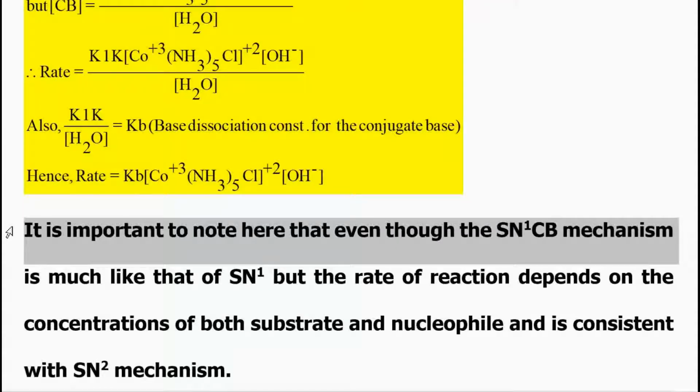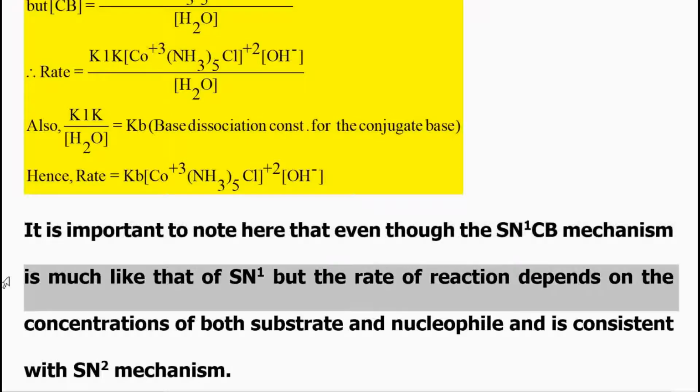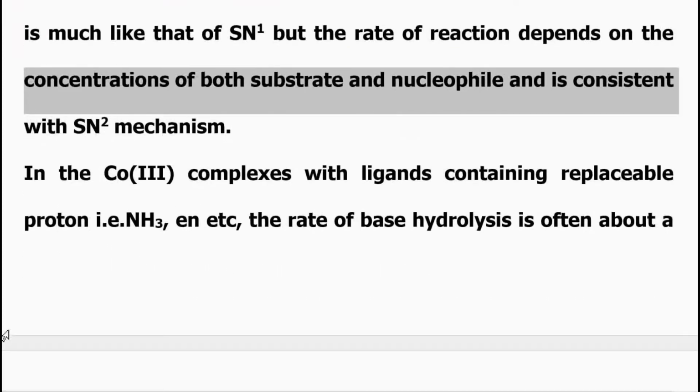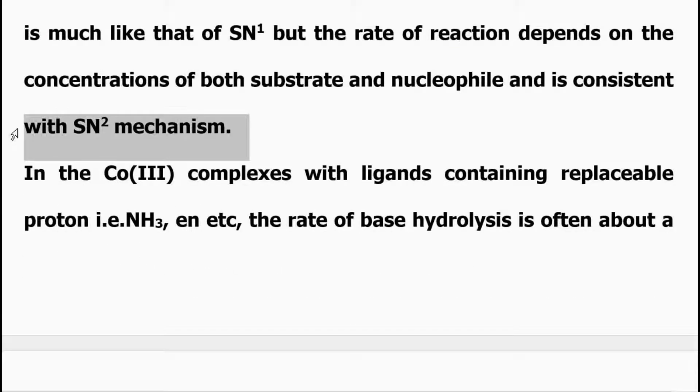So it is important to note here that even though SN1 Cb mechanism is much similar to that of SN1, the rate of the reaction depends on the concentrations of both substrate and nucleophile, which is similar to that of SN2 mechanism. This I have already explained to you.